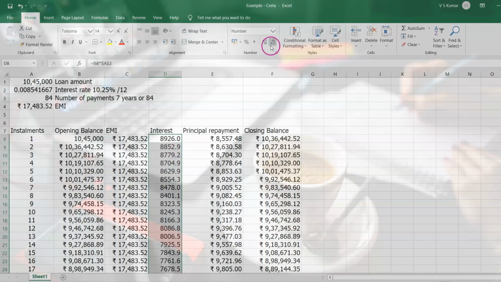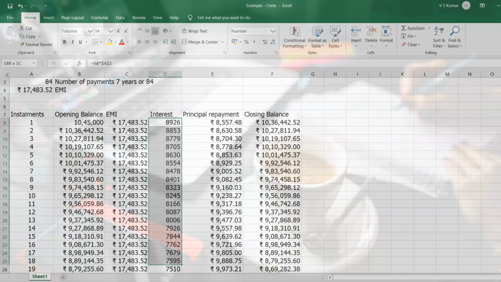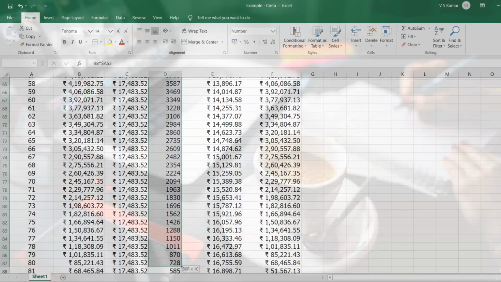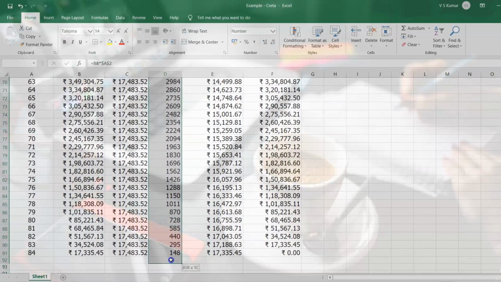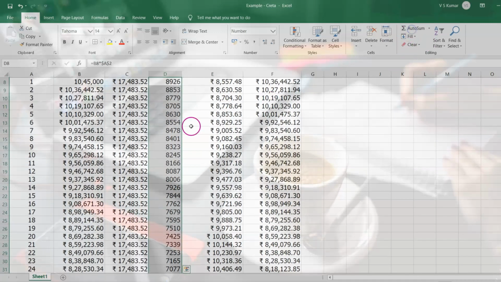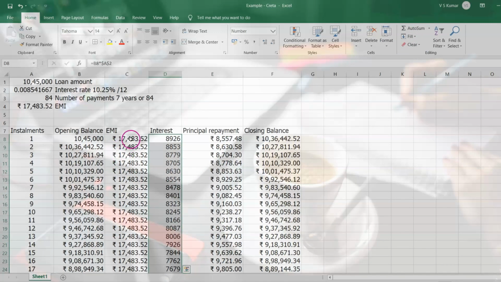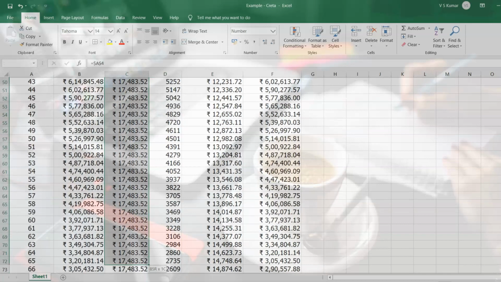So this is going to be your total interest for 84 months, and this is the total amount of installments.